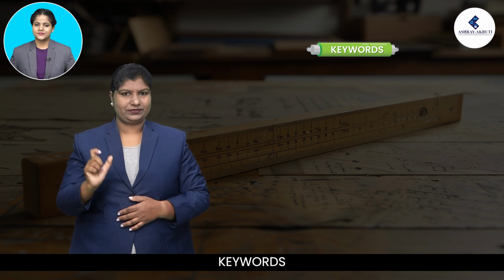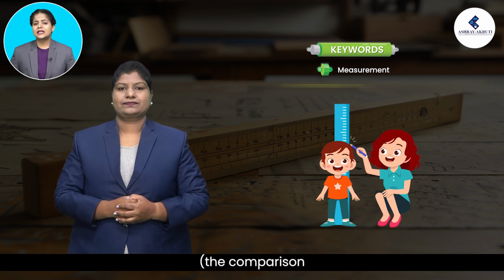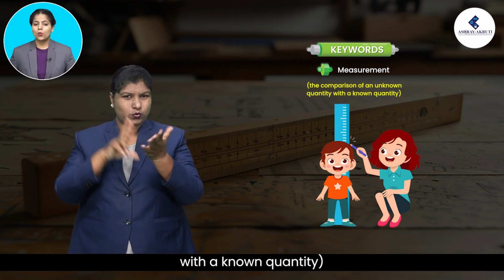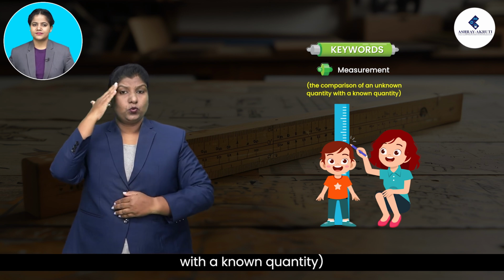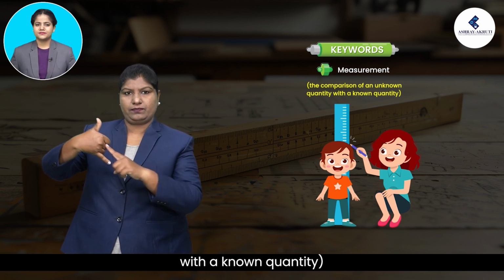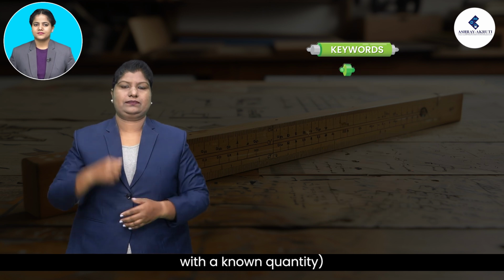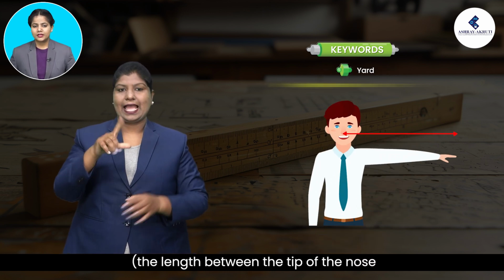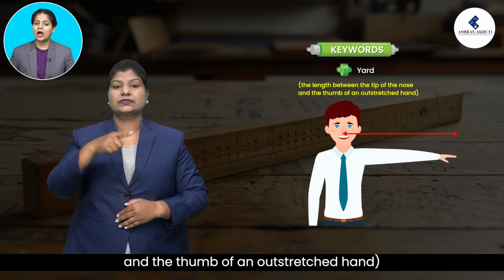Keywords. Measurement: the comparison of an unknown quantity with a known quantity. Yard: the length between the tip of the nose and the thumb of an outstretched hand.